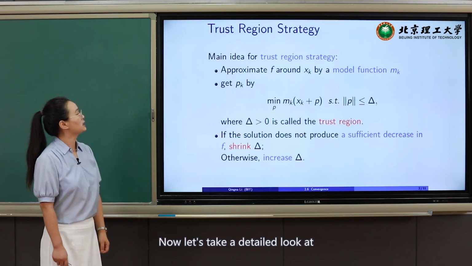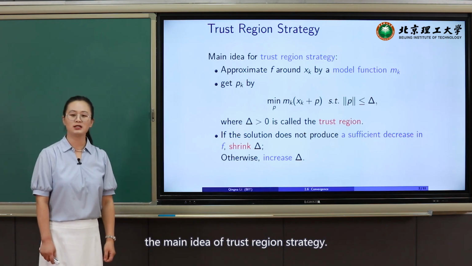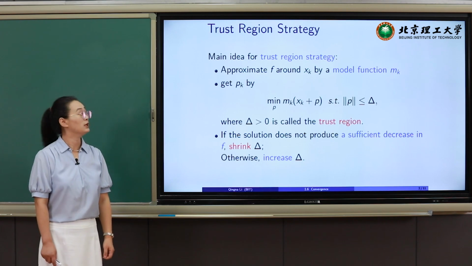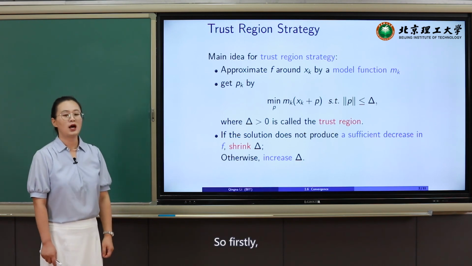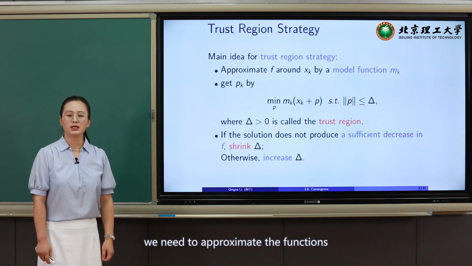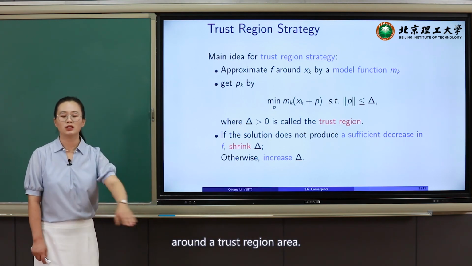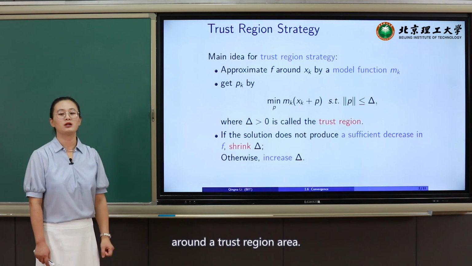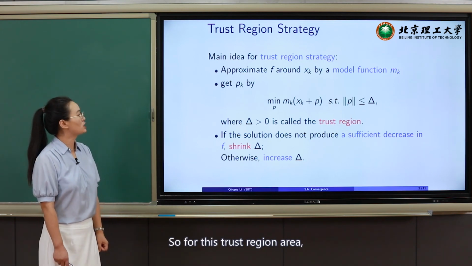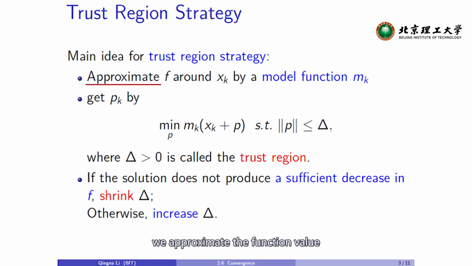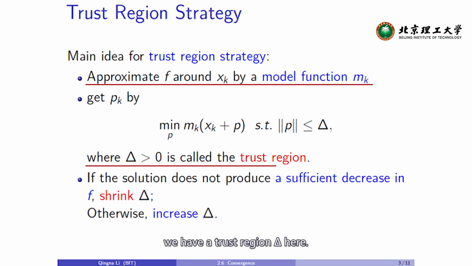Now let's take a detailed look at the main idea of the trust region strategy. Firstly, as we mentioned before, we need to approximate the function around a trust region area. For this trust region area, we approximate the function value by a model function. Notice here that we have a trust region radius delta.